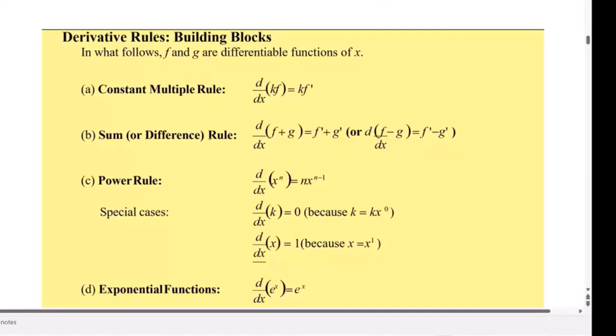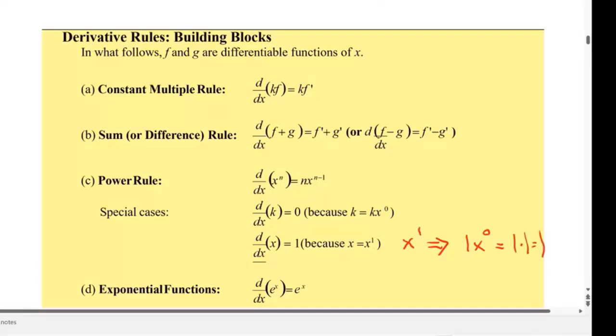And here we have special cases. The derivative of k, which is just a constant, is 0. We showed you that, or I showed you that. The derivative of x is equal to 1, because basically what this says, if I have x to the 1 and I use my power rule to take the derivative, I have 1x to the 0 power, which is 1 times 1, which equals 1.